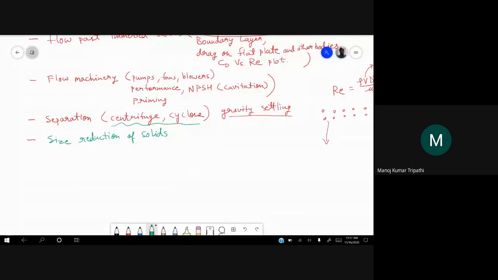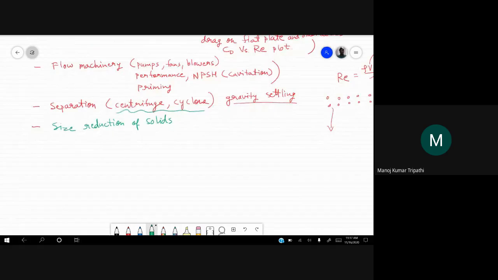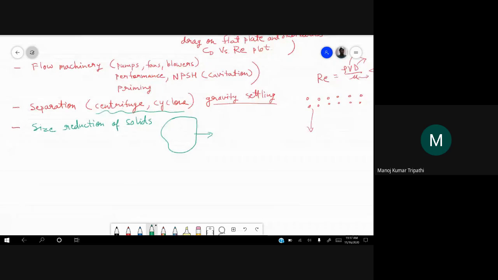Okay, so what is the mechanism of this size reduction? How much energy is required to reduce the size of the solids? How much energy is required, and what kind of processes are required from going to very coarse chunks to medium, and from medium to fine particles.